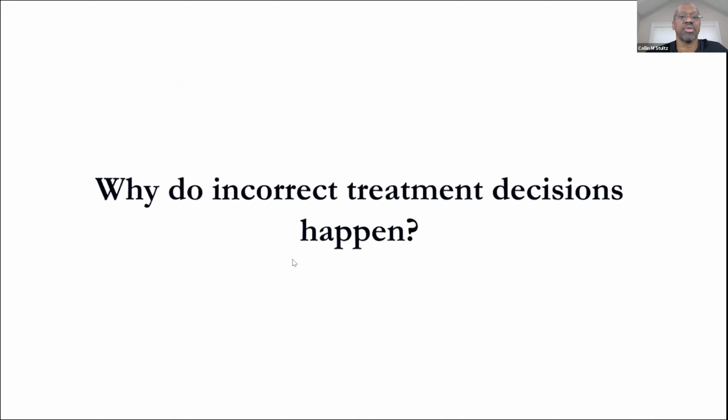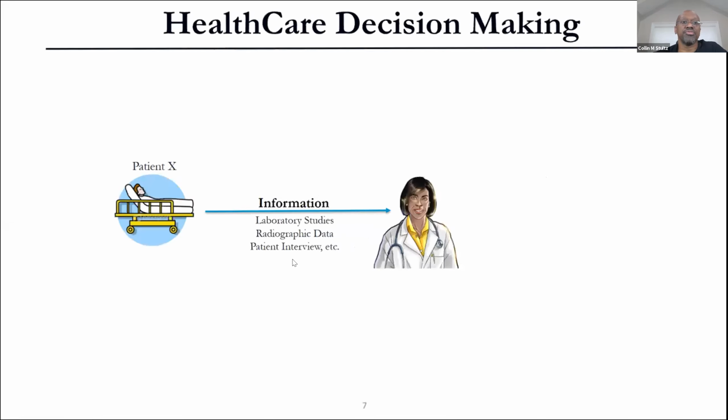Now, why do incorrect treatment decisions happen? Previously, I talked about structural features and patient factors and provider factors that come into play. But if we just try to isolate the discussion from the standpoint of the patient and healthcare provider, I think it is instructive. So the patient, again, provides information to the healthcare provider.